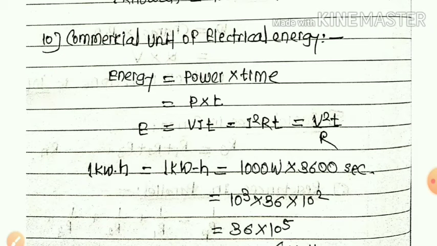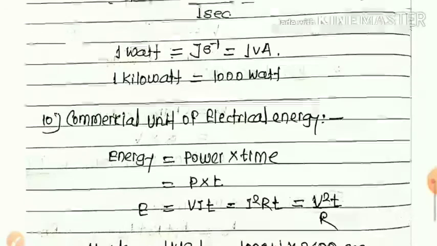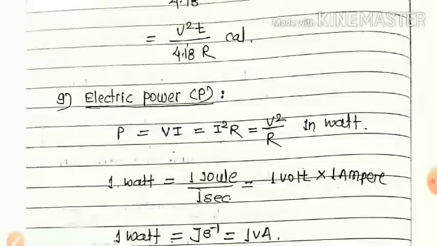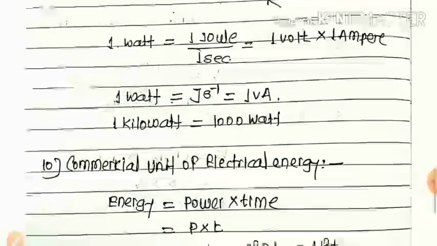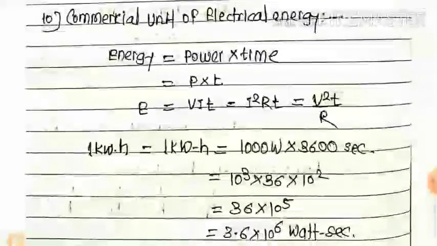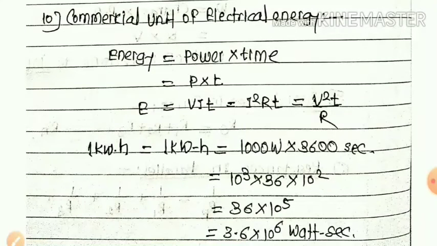It is the product of power and time, that is E is equal to P into T. But as we have seen, the power can be calculated by the formula VI equal to I square R equal to V square by R. By putting these values in the same equation, we get the formula for electrical energy, that is equal to VIT is equal to I square RT, or it is equal to V square T upon R.